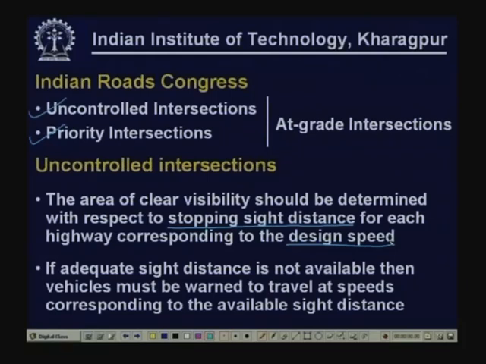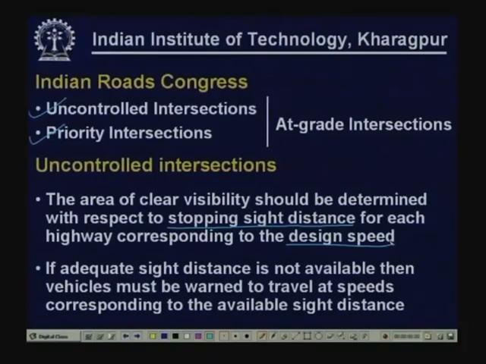That means, if due to cost consideration the required clear area is not available, and there is an obstruction which is very expensive or costly to remove, in that case we may still compromise with a lesser dimension of sight triangle, but then the approach speed is to be modified.